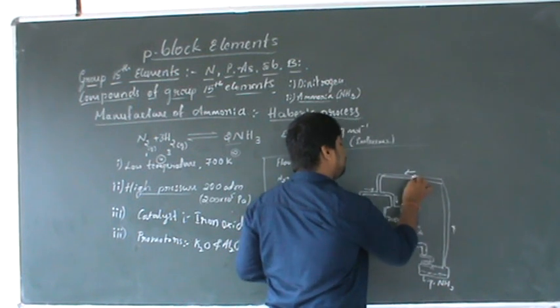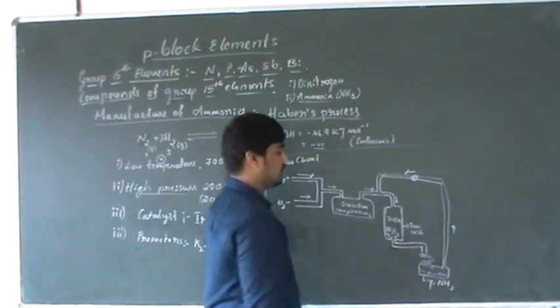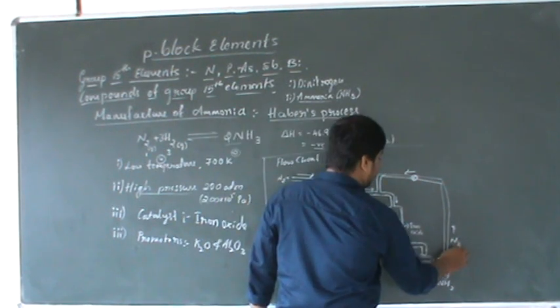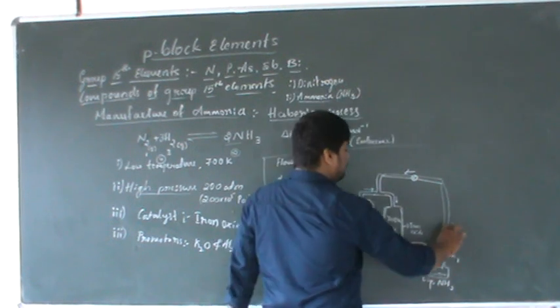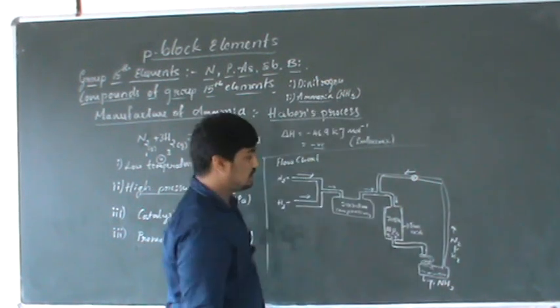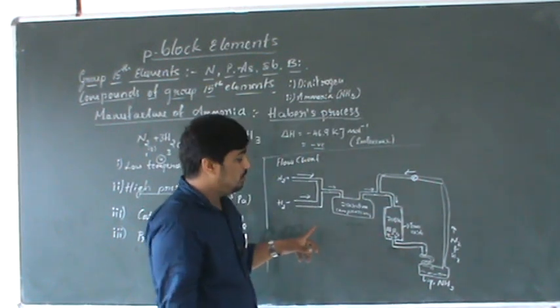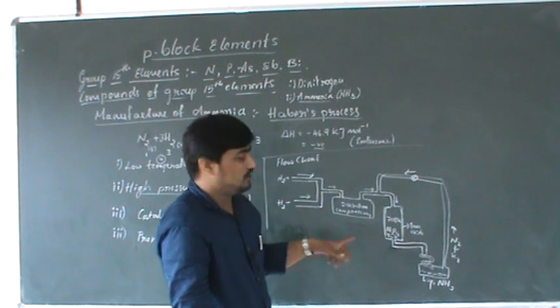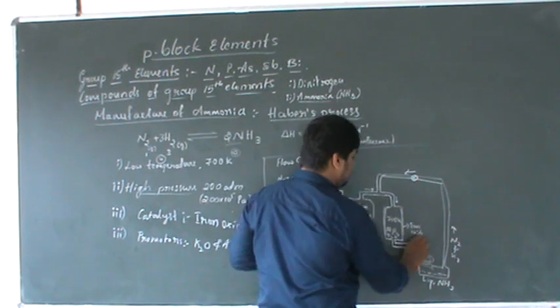Here we use the pump to recollect the missing nitrogen and hydrogen gas. It is a commercial process. Therefore, there is no loss of nitrogen and hydrogen. These are the two raw materials, easily available.